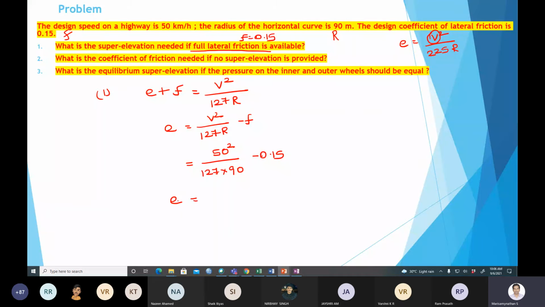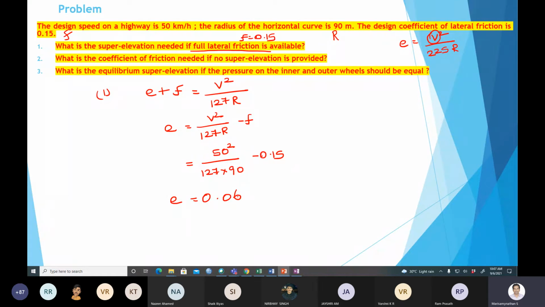So this is the E value you are getting. 50 squared divided by 127 divided by 90, minus 0.15. I am getting the value of 0.0687.